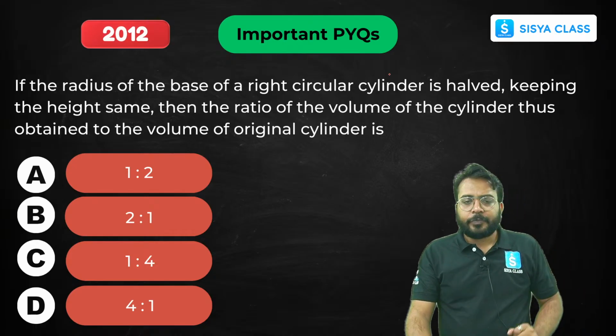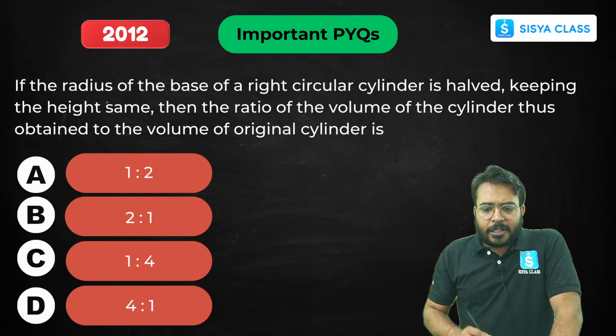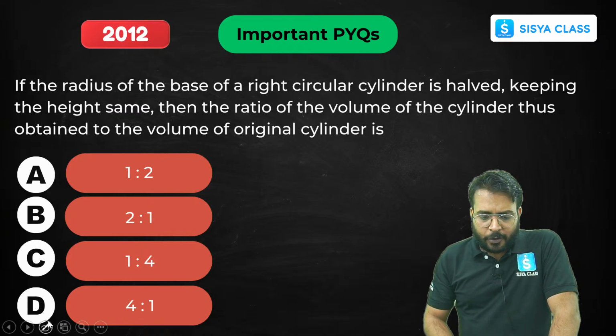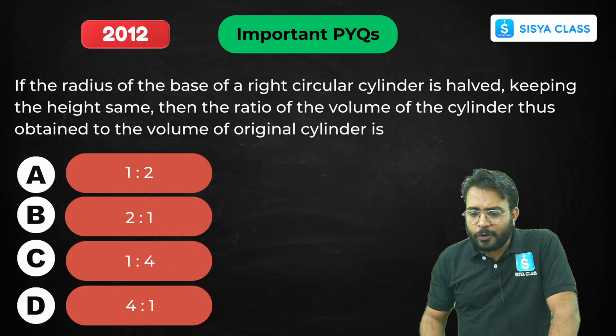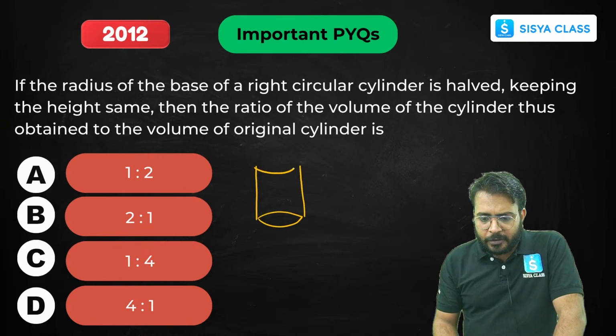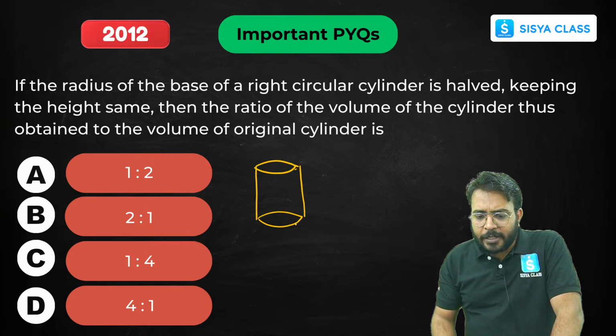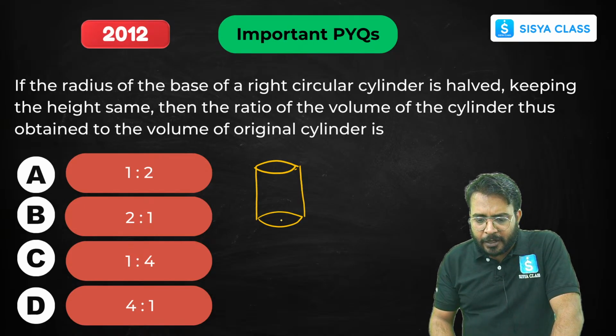Okay, fine. Now, the radius of the base of a right circular cylinder. You are having one right circular cylinder, like this. What they are saying? They are saying the radius of the base of the cylinder, suppose this radius is r.